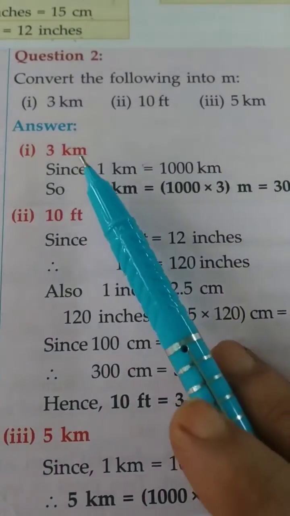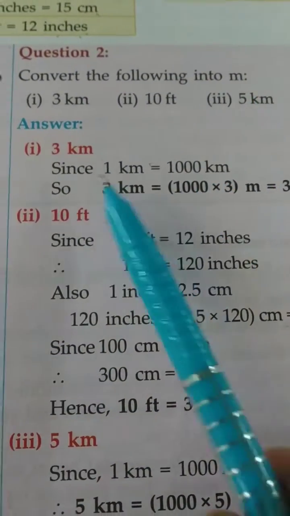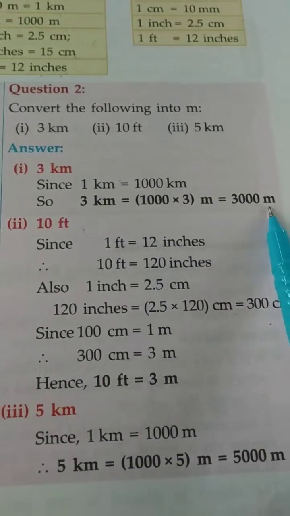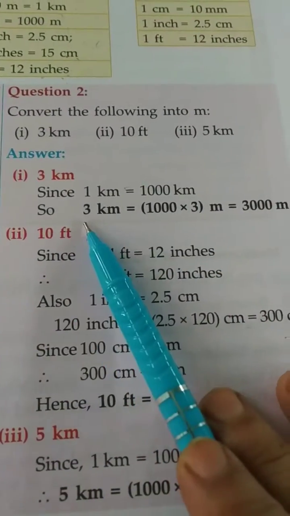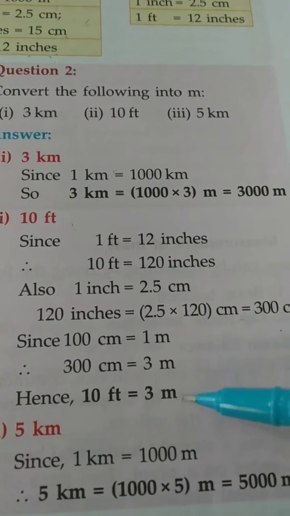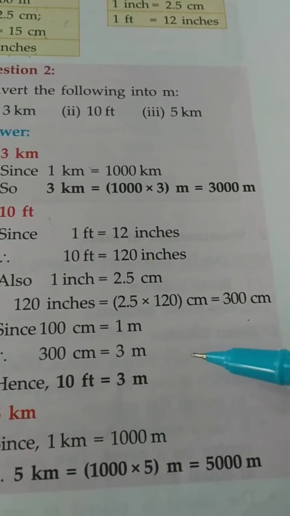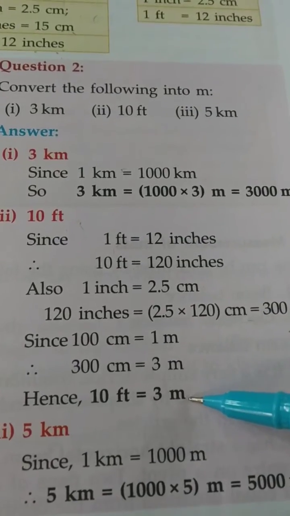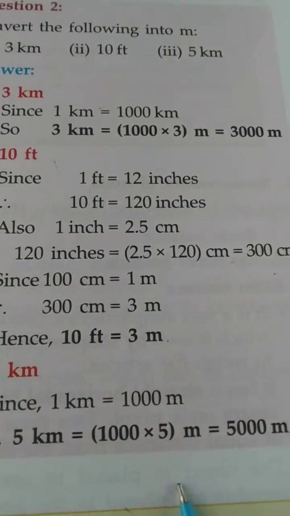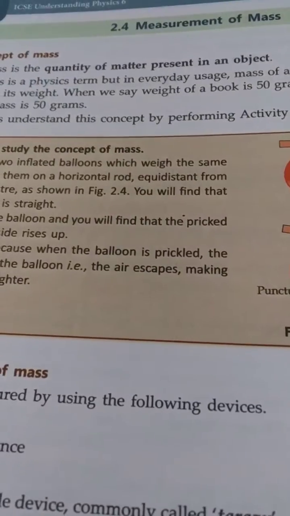Similarly, we have to convert all the given numbers into meters. 3 kilometers: we multiply by 1000 and get the value in meters. Similarly, 10 feet: we change feet into inches, inches into centimeters, and then change this number into meters. 5 kilometers: we multiply 5 by 1000, and we get the value in meters.